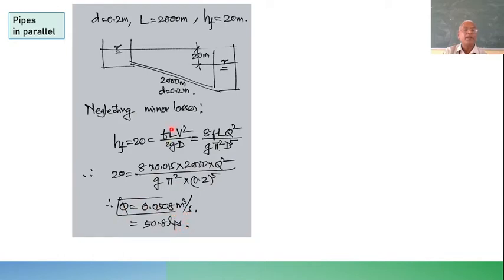If you use this equation, just watch here, you will be getting V. Once you find V, using the diameter, A into V, right? Area of cross section of the pipe you have to find out, multiplied by V gives you the discharge. Even that should give you the same answer, but because the Q is directly involved, it is wise to use this equation rather than this equation.